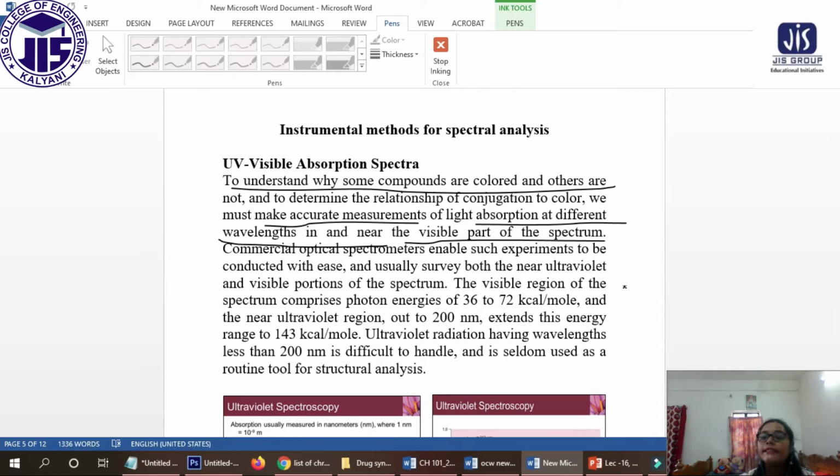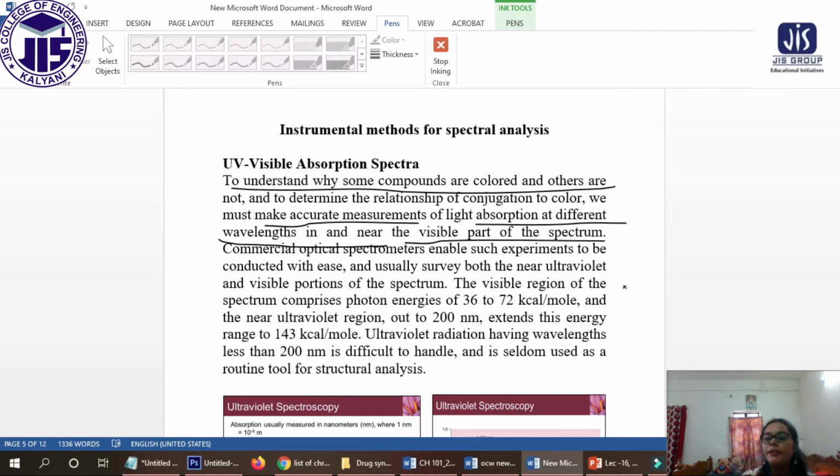So why is this color generated? If we supply some energy to a molecule, the electron will be excited and it will go to the excited state.